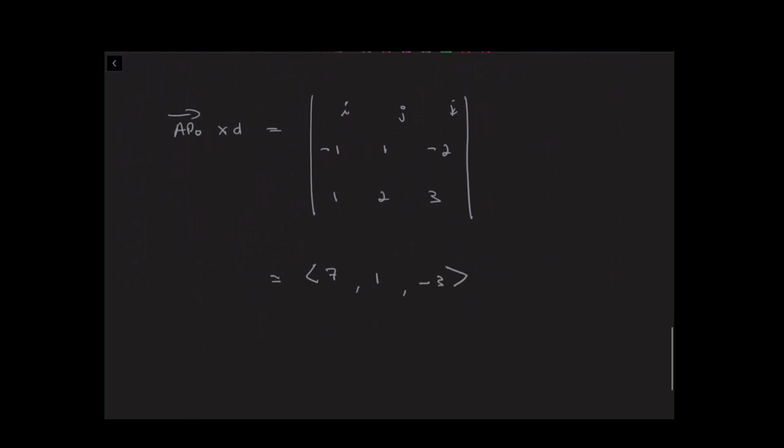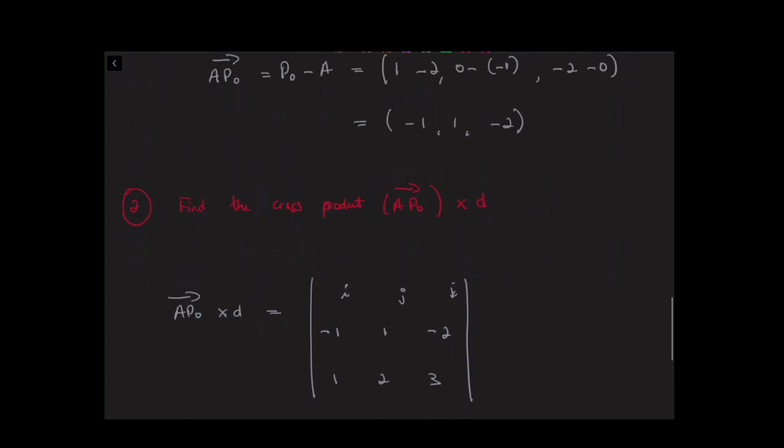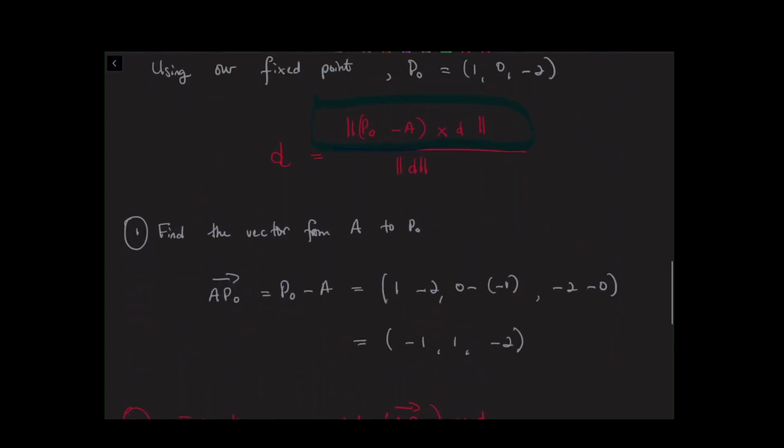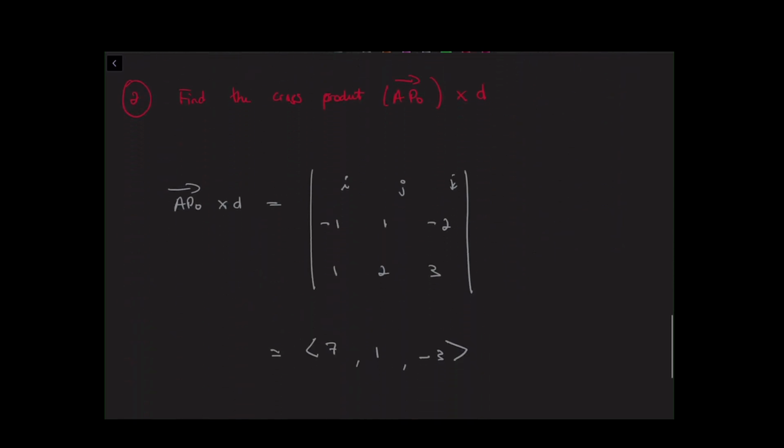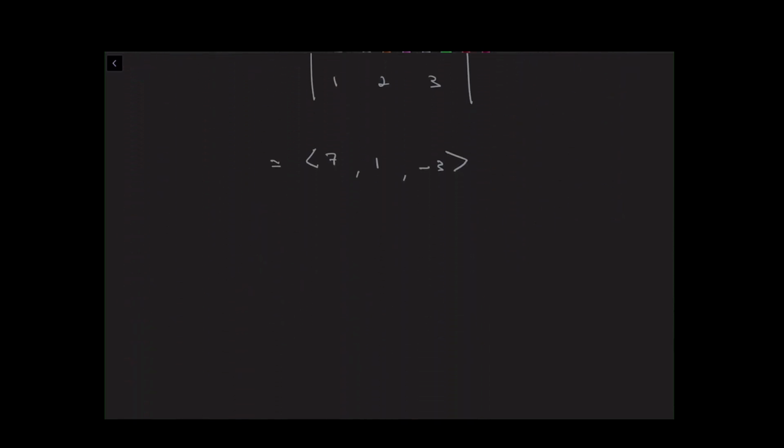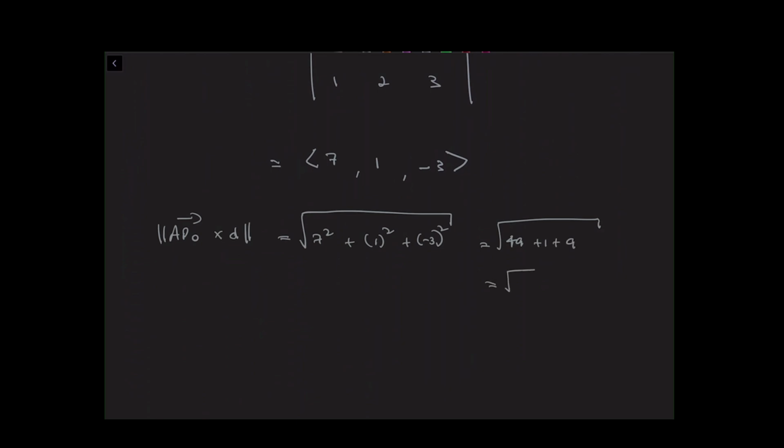So now I'm going to take this here. Don't forget, I need to find the norm of it, the square root of the squares of the terms. The norm of AP0 cross D is equal to the square root of 7 squared plus 1 squared plus -3 squared, which is 49 plus 1 plus 9, giving root 59.